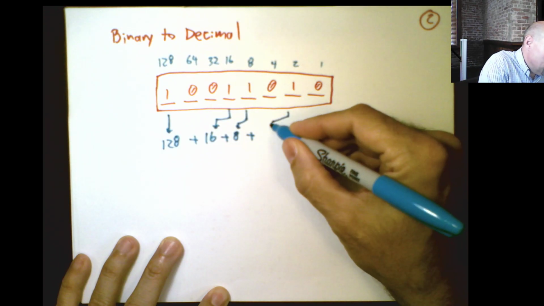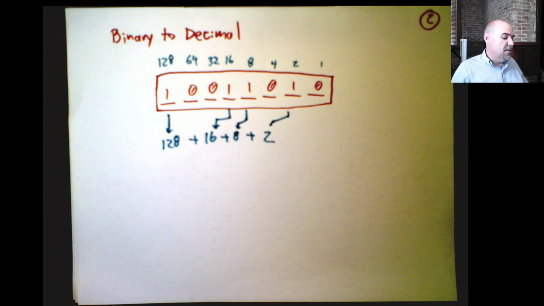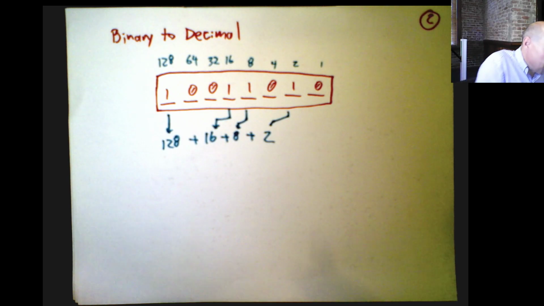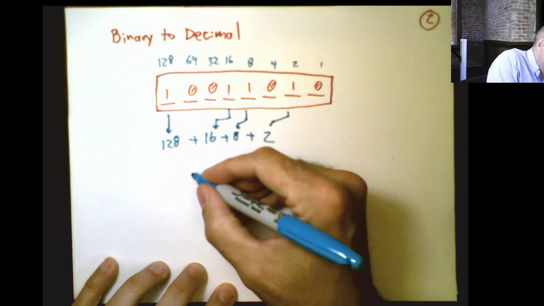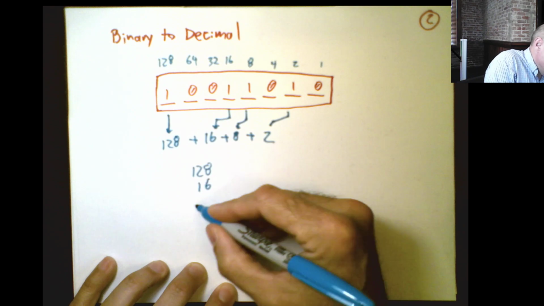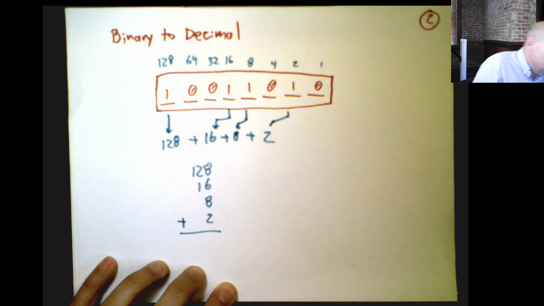So this one's going to come over, and that's going to be a 2. So we have 128 plus 16 plus 8 plus 2. So let's just add those up and see what we get. And that will be our decimal equivalent of those numbers.